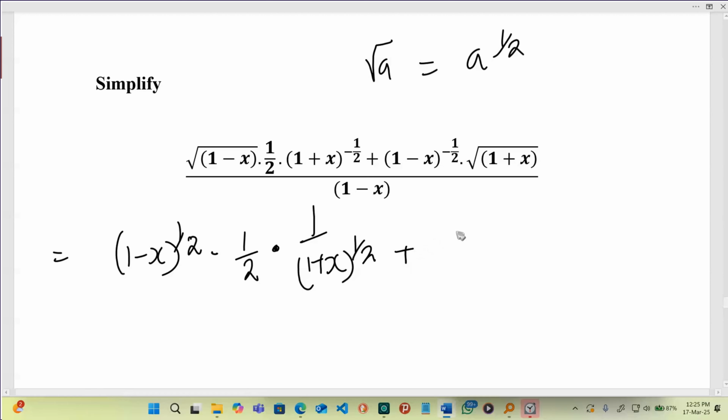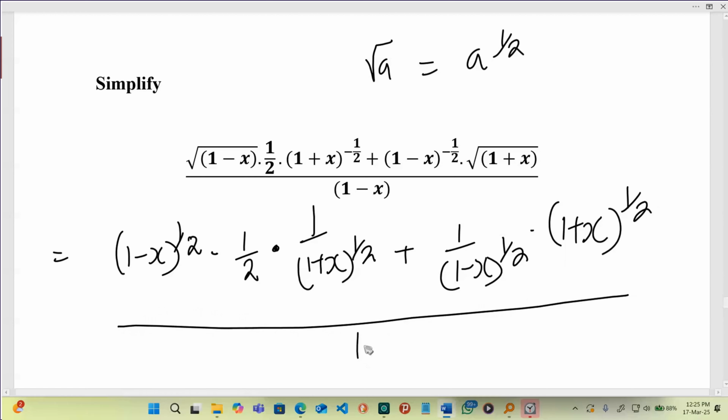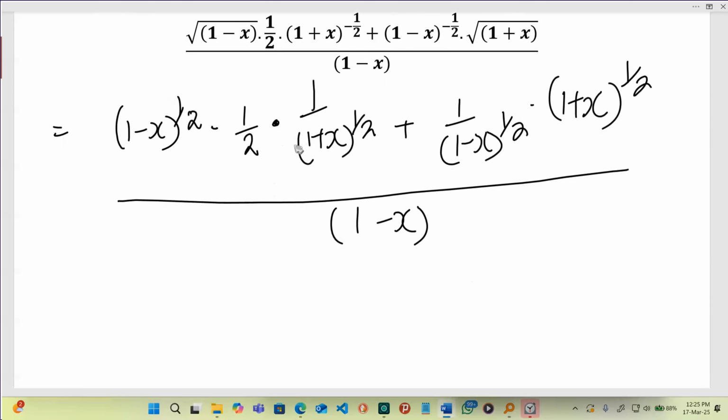Then plus, again, 1 divided by (1 minus x) to power a half, then we're multiplying it again by (1 plus x) raised to a power a half, so divide it by 1 minus x. So let's deal with this, and then we deal with the other one.